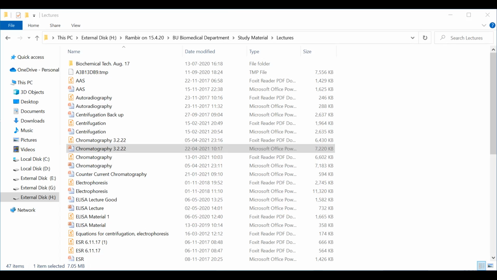And when we come to the mobile phase, two states of matter are used, either liquid or gas. Which one is the most convenient mobile phase? Liquid. Why not gas? Which one is the ideal mobile phase? Sir, the liquid phase is the ideal one.